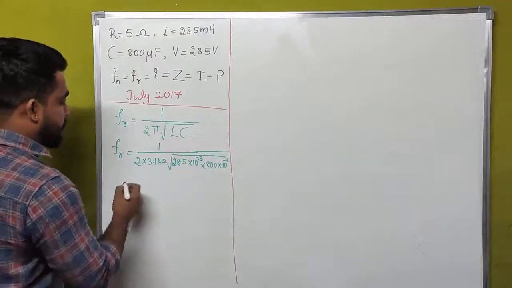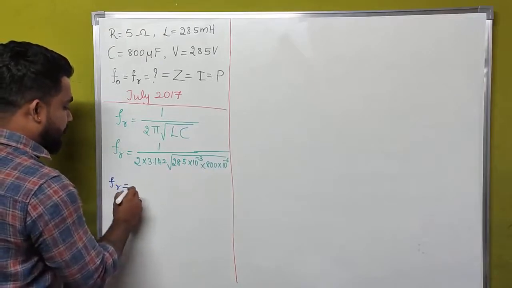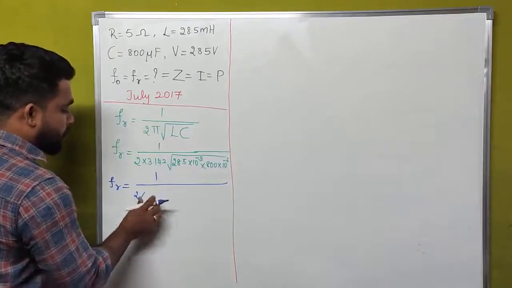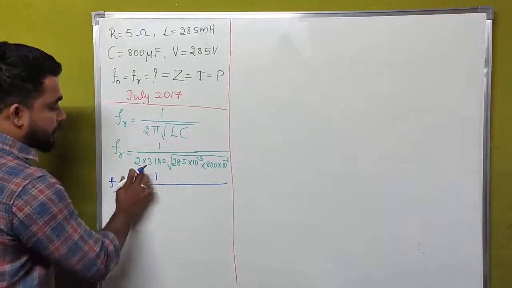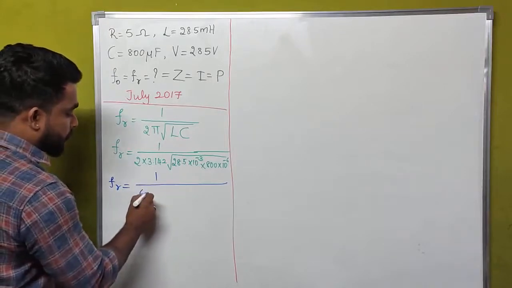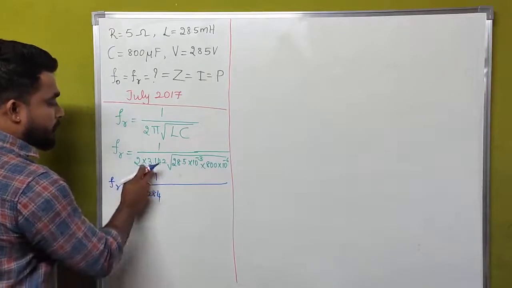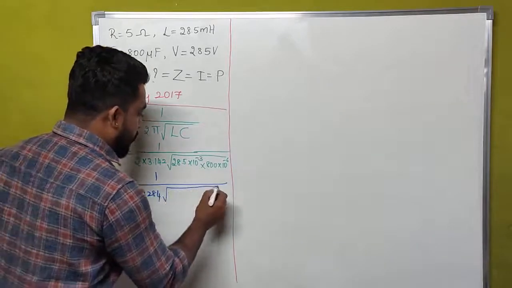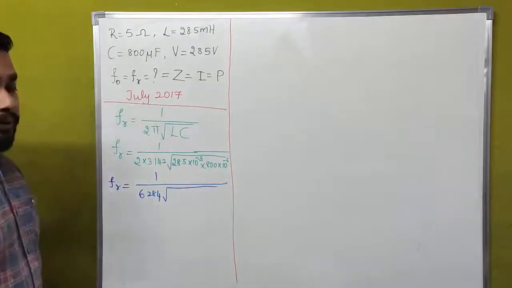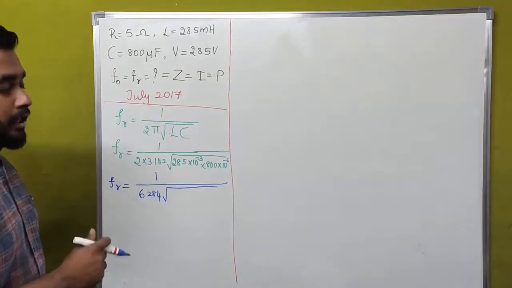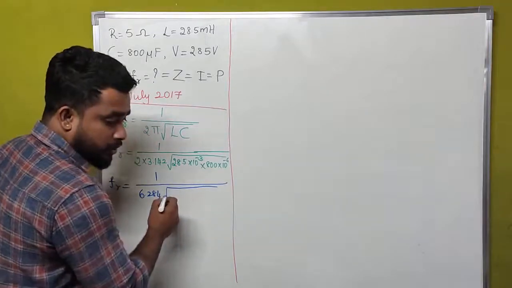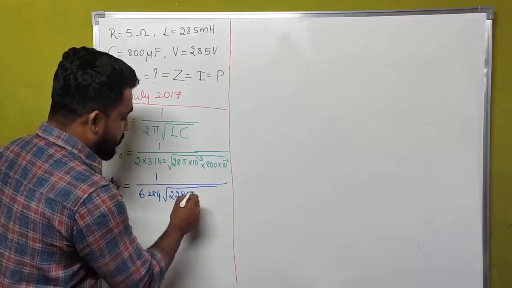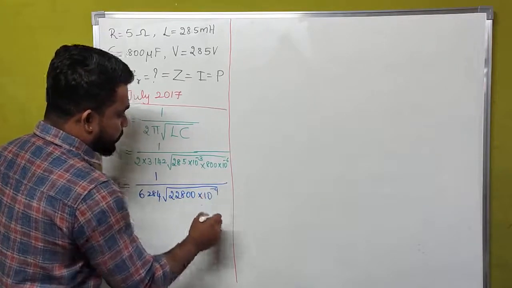If we multiply these two terms, what will we get? Fr is equal to 1 over 2 into 3.142, which is 6.284, and the value of 800 into 28.5 is 22,800 into 10 to the power of minus 9.